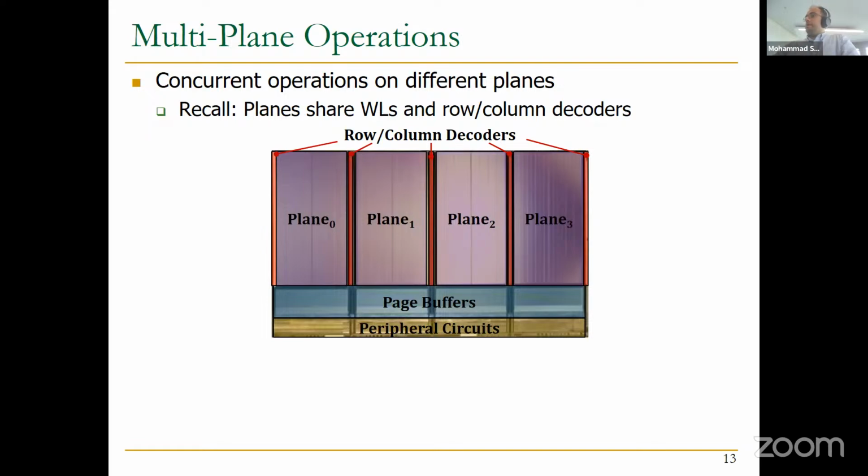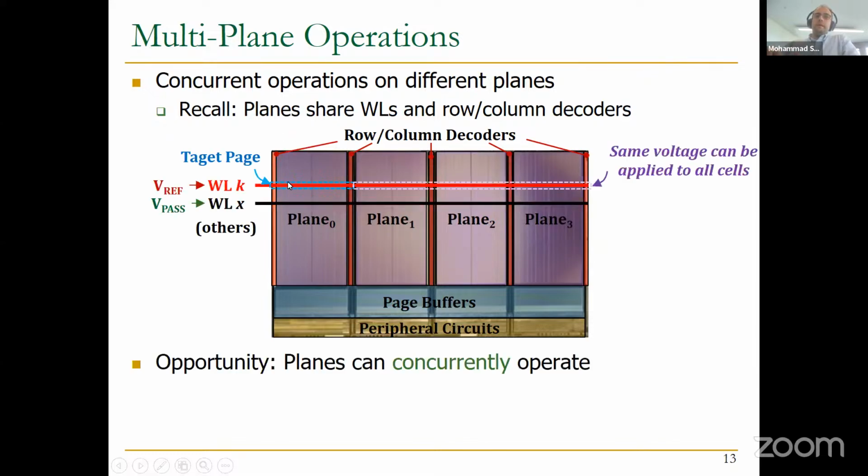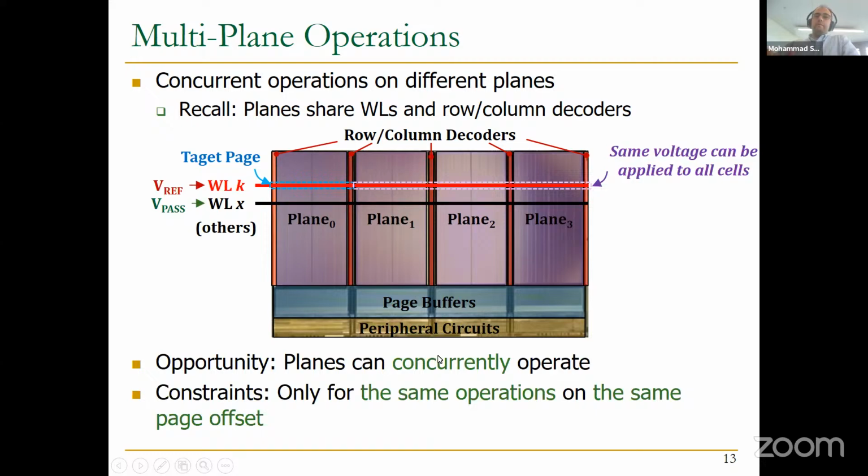Another optimization is multi-plane operations. We discussed it briefly in the past, but today we're going to see more. With multi-plane operations, we can do concurrent operations on different planes, as long as they are doing the same operation on the same page offset.